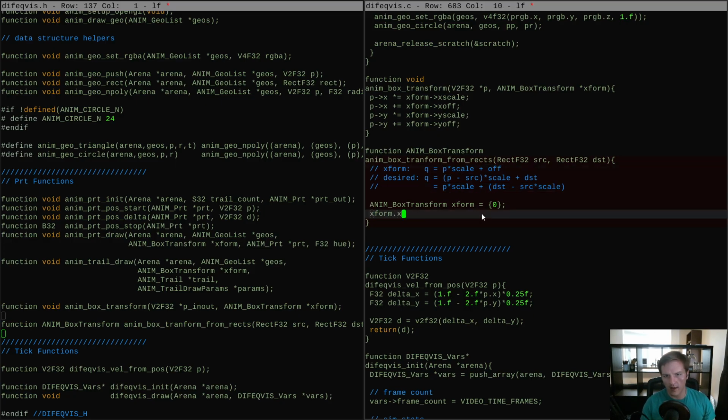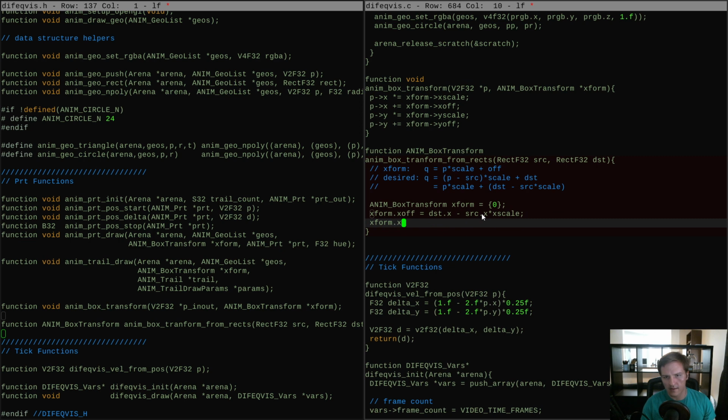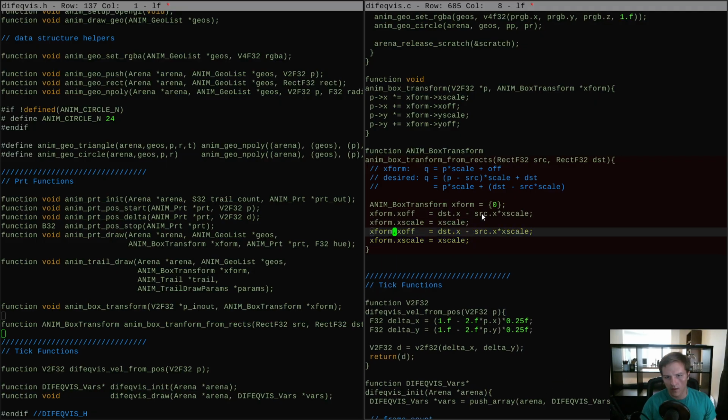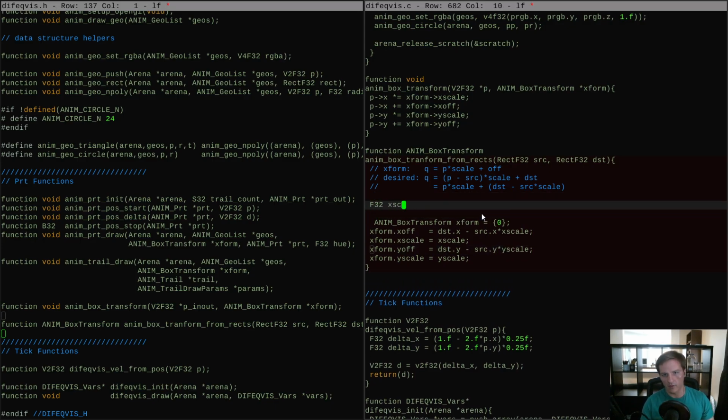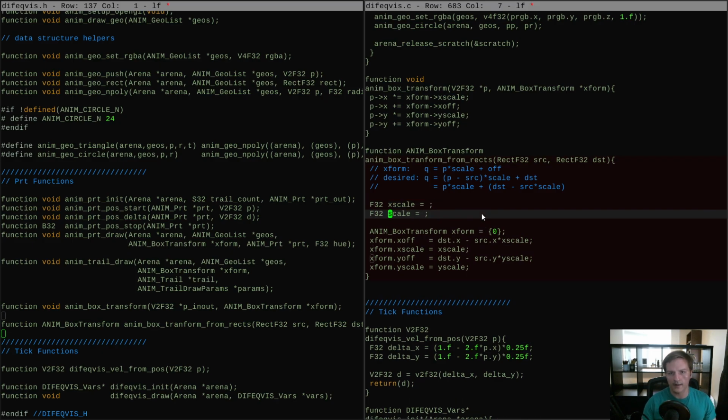We want xform x off to equal dest.x minus source.x times x scale. The xform.x scale is just the x scale. Same for y off and y scale, as F32 x scale, y scale.